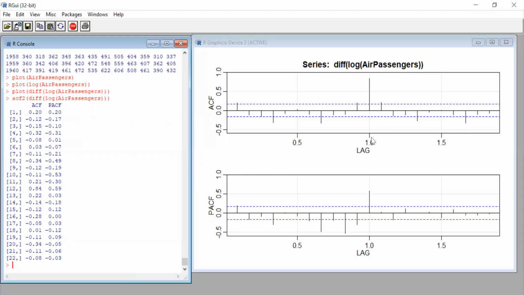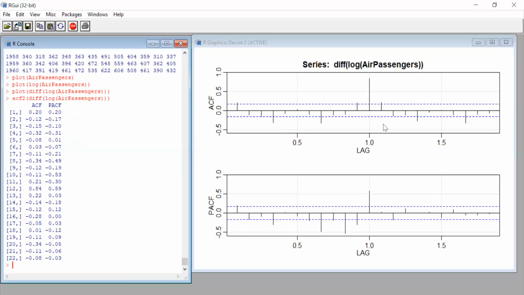The reason it is lag number 1, let me count how many there are between 0 and 1: 1, 2, 3, 4, 5, 6, 7, 8, 9, 10, 11, and 12. What is the number 12? It is the number of months, right? So even though it is h equal 1, h equal 2, the number of lags is only 1 here and 2 there.